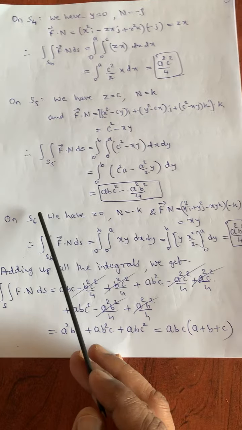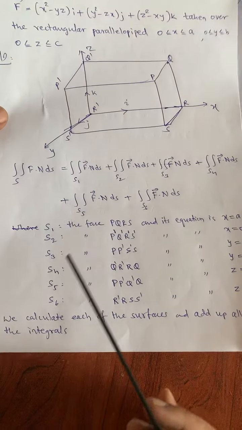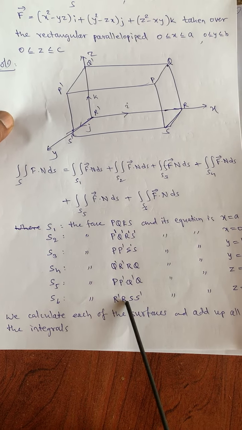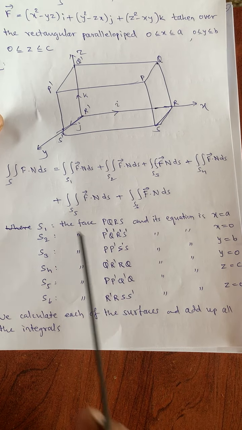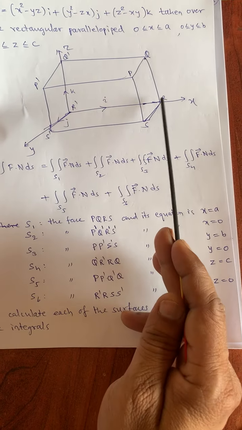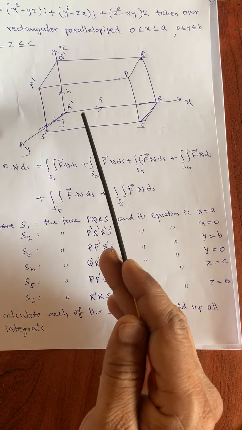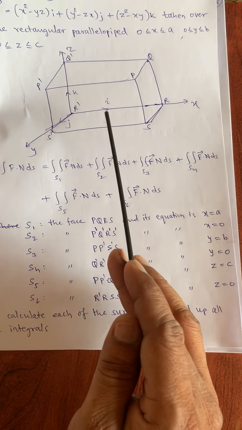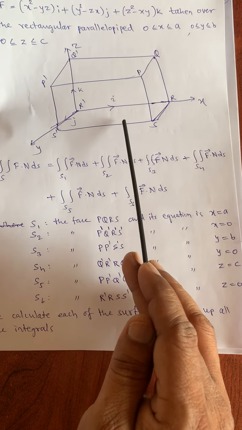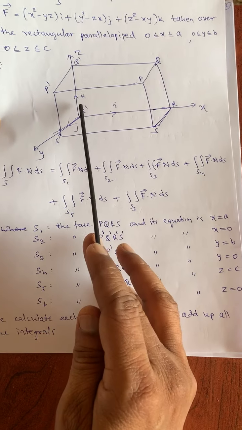Lastly, the sixth face we have taken is R dash R S S dash, which is in the opposite direction of the z axis, the opposite direction of k.